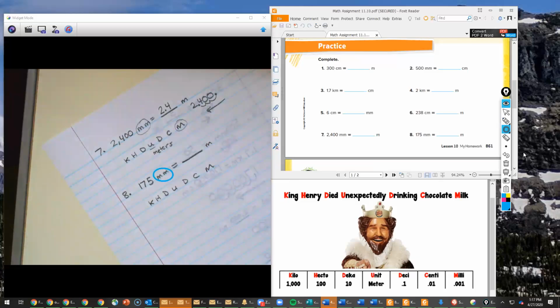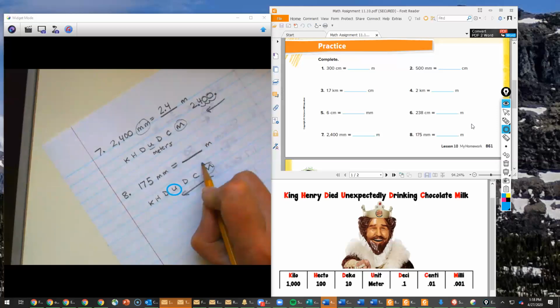And millimeters are the M at the very end of our chart, the small M for millimeters. We're starting there. And then we're going to be moving on up to, again, the unit of measurement, which is meters, and that's in the middle here, the U. And that means we're going to be moving to the left again, 1, 2, 3 times, just like what we did the last time.